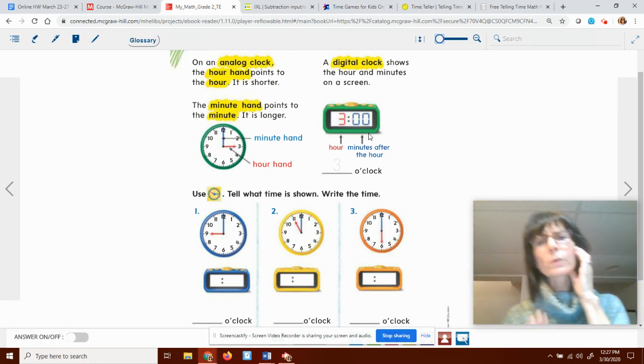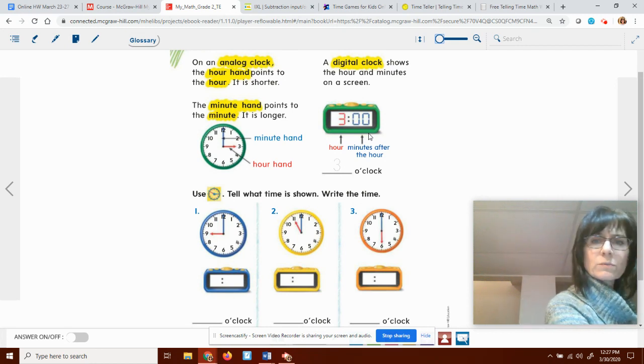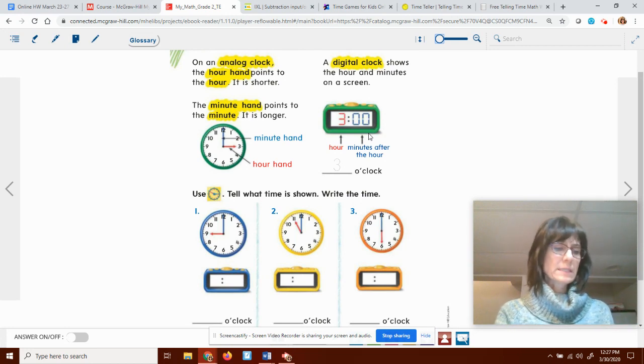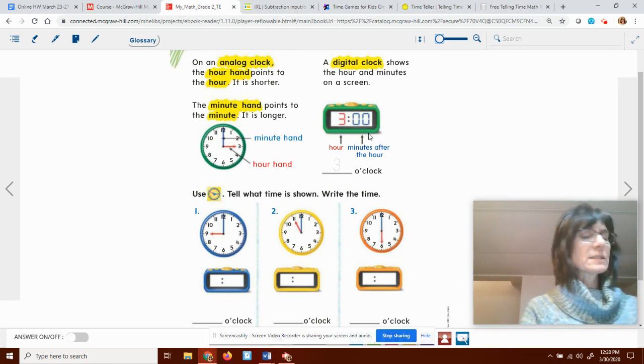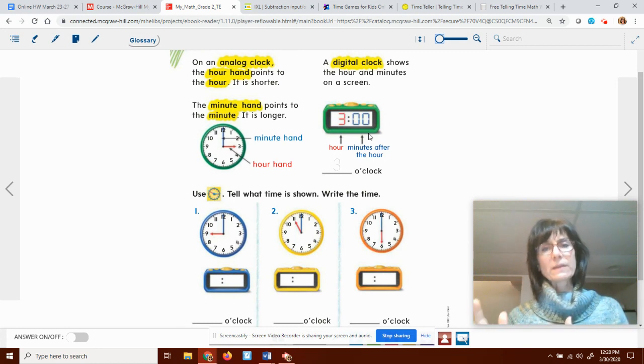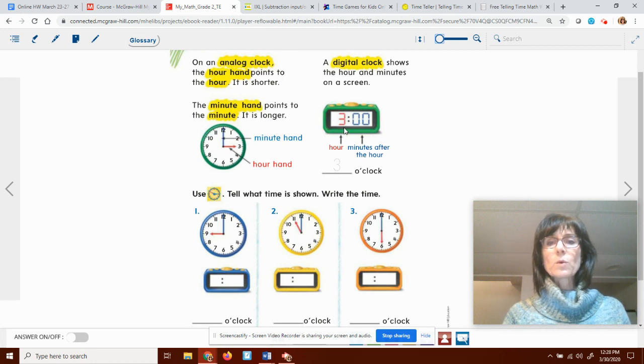It means the hour, which they show first, is 12, and the minute is going to be 24. On my phone, it's the same way. Generally, it's at the very top, and it's going to show the hour and then the minute. So in this example, they're showing us that it is 3 o'clock in the afternoon.